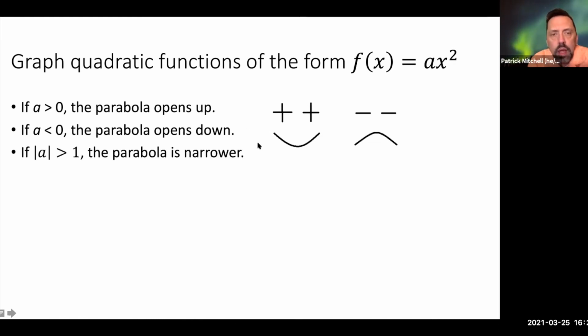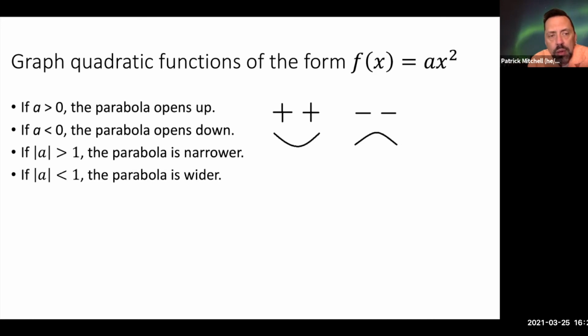Okay. And then the other piece to this is that if the absolute value of a is greater than 1, which is another way of saying that the value of a is further from 0, a number like 2 or 3 or -4, bigger than 1 in either direction, without getting more technical than that, then it makes the parabola narrower.